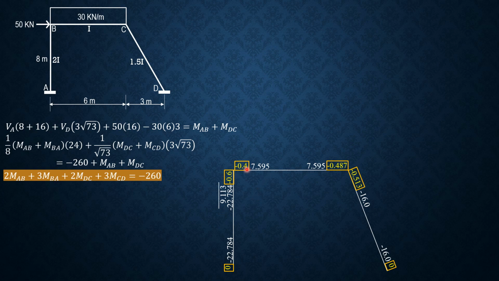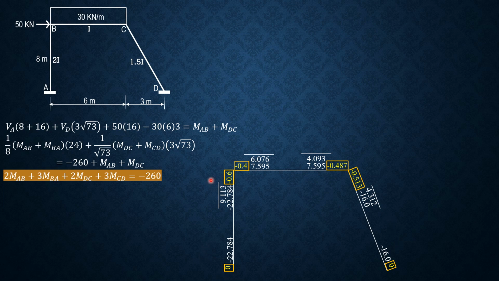Then replace negative 0.6 by negative 0.4, 6.076 lakh. Then here, quantity 7.595 minus 16 times negative 0.487, 4.093 lakh. Replace negative 0.487 by negative 0.513, 4.312 lakh. Then 0, 0.